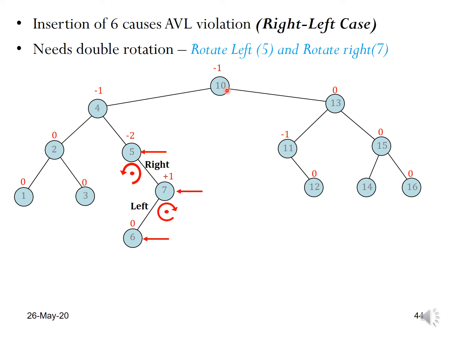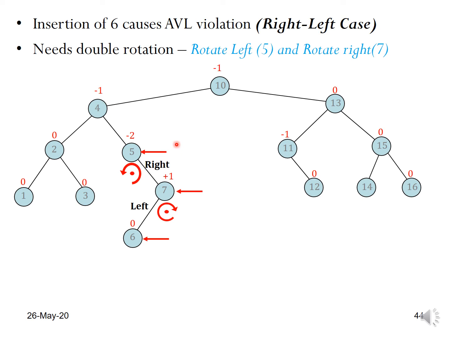It is written minus 1 by mistake. The balance factor of this 5 will be minus 2 because this is 0 minus 2, and the balance factor of this 4 will be 2 minus 3, this is minus 1.